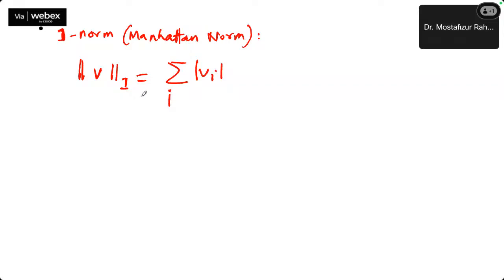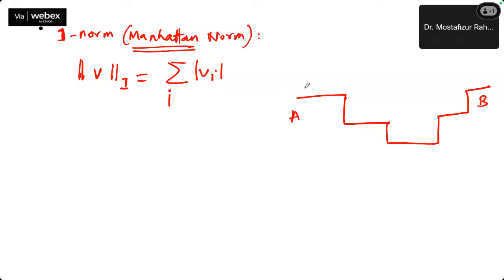So what does this mean? This name came from a city, Manhattan city in America, where the roads are something like this. Now, if you want to travel from A to B, you have to go this way, and this way.